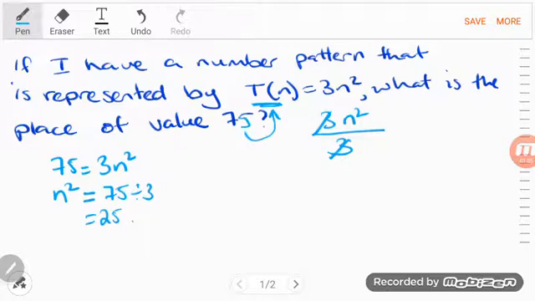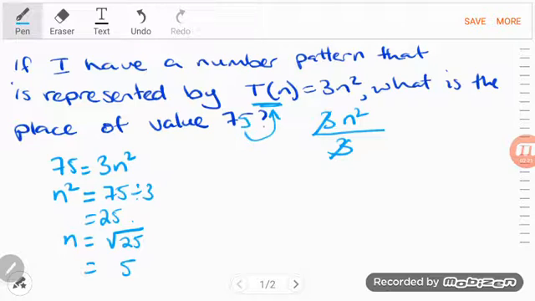Okay, now we are going to square root this, because the opposite of squaring is, that's right, square root. So if some number squared is equal to 25, n is going to equal the square root of 25, which means we've got 5.